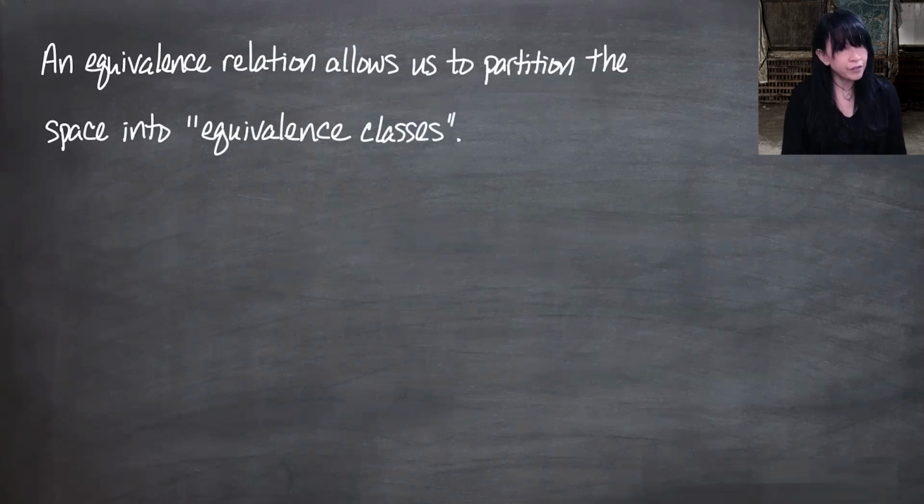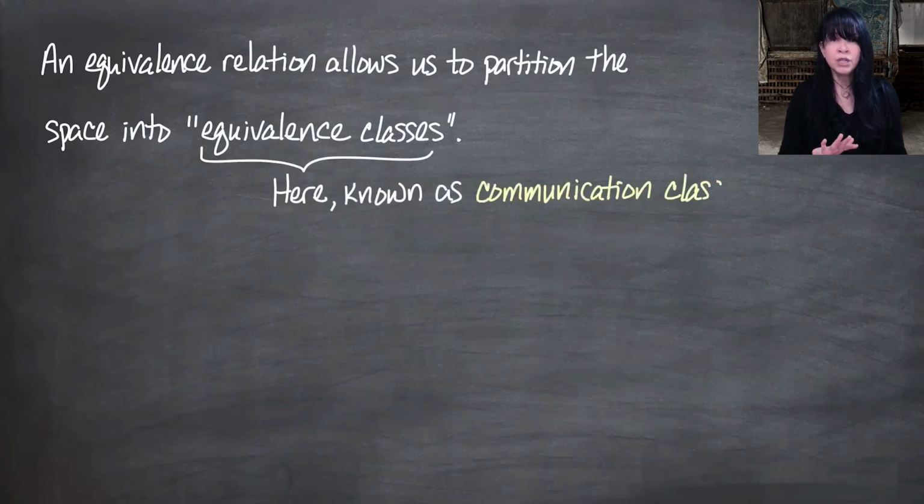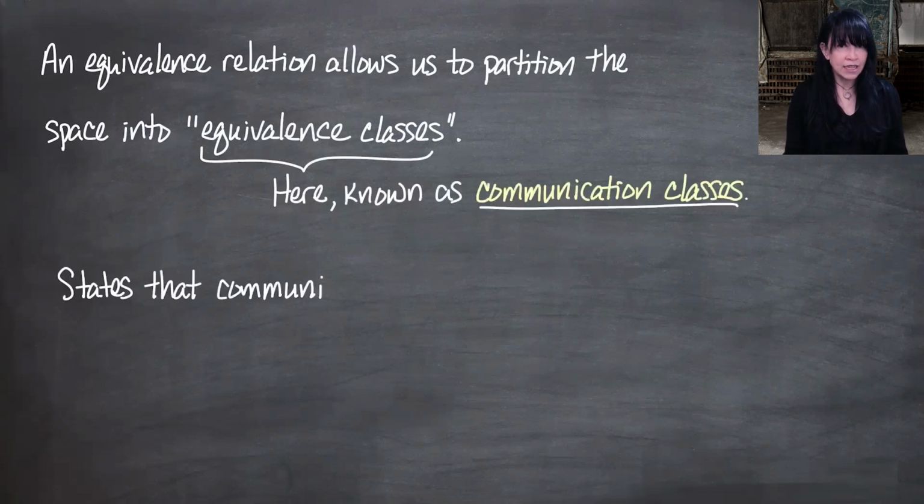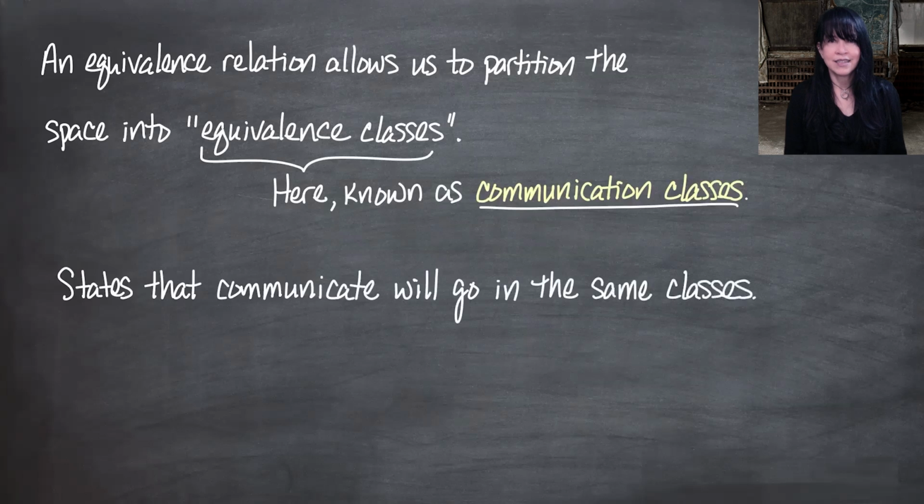And they're known as equivalence classes. But for us, we'll specifically call them communication classes. So states that communicate go in the same class. If you can get from one state to another state and back again, you group them together into a class.